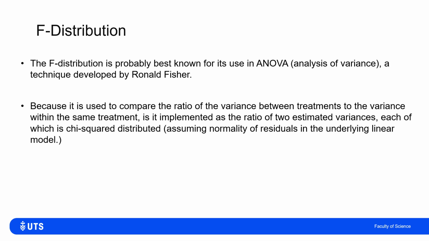And I'm estimating the variances based off a chi-squared distribution, which will be the correct distribution if I can safely assume the normality of residuals in the underlying linear model. So again, everything builds up: central limit theorem, squaring standard normals to get chi-squareds. All of these pieces build from the same assumptions.